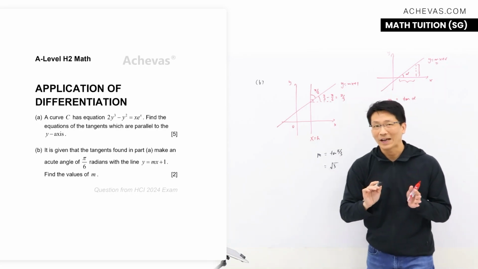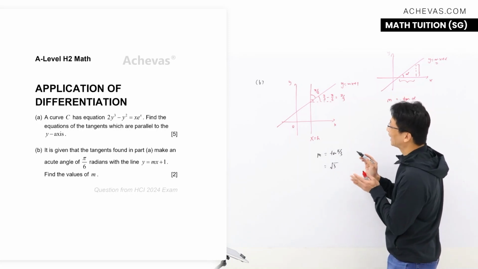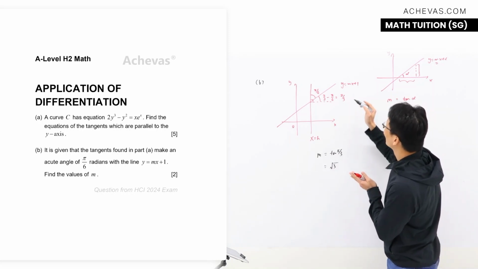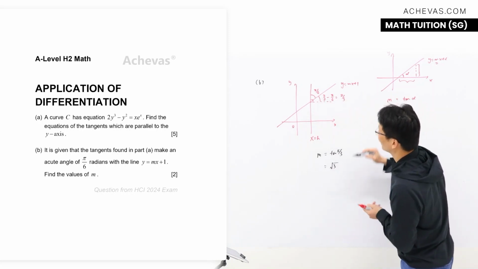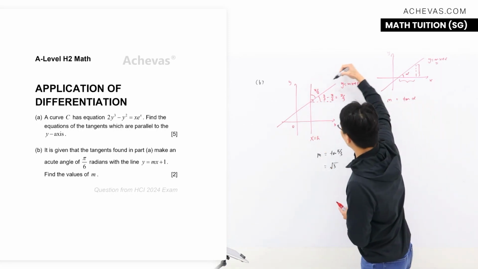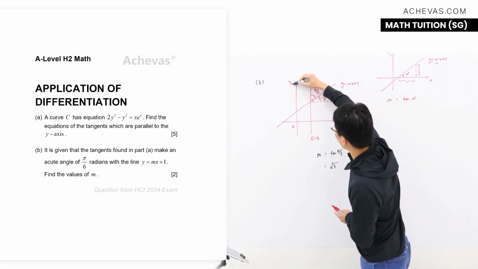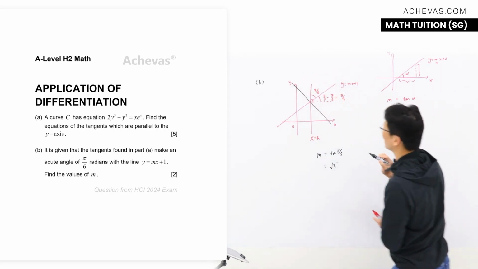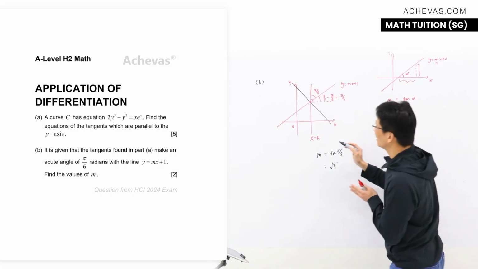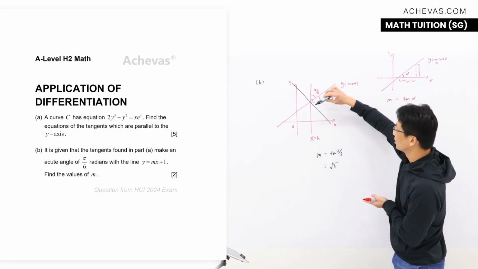Alright, but we shouldn't forget, actually, we are only considering one case whereby the gradient is upward sloping. There's a possibility that the gradient can be downward sloping in this manner. If it's downward sloping, basically it's just like a mirror image of this one.